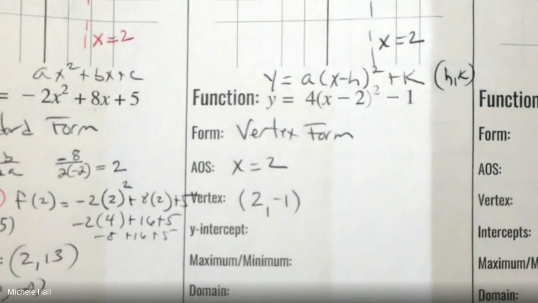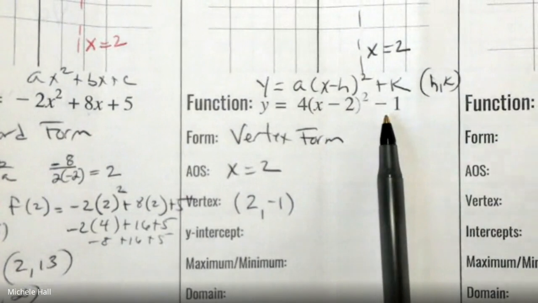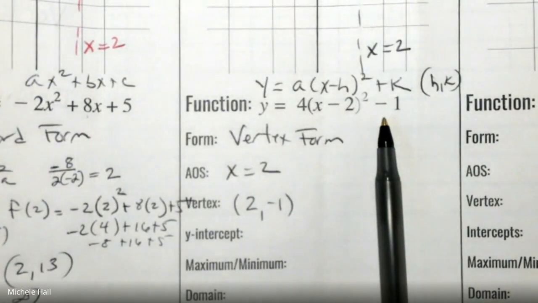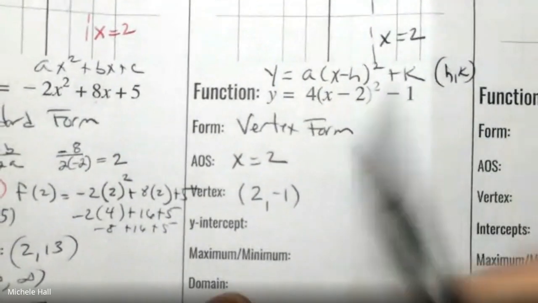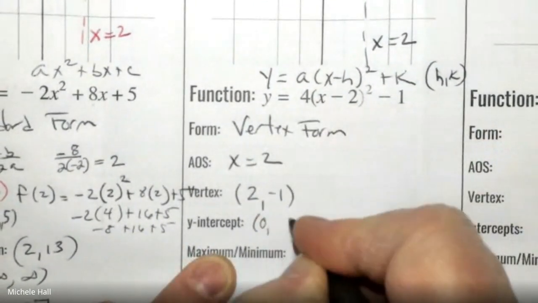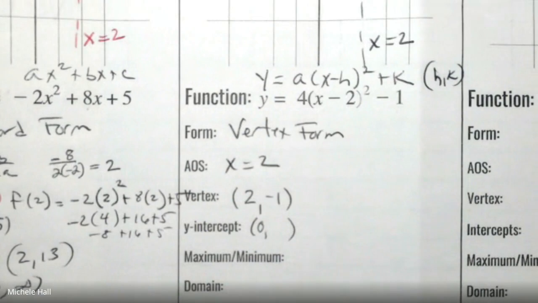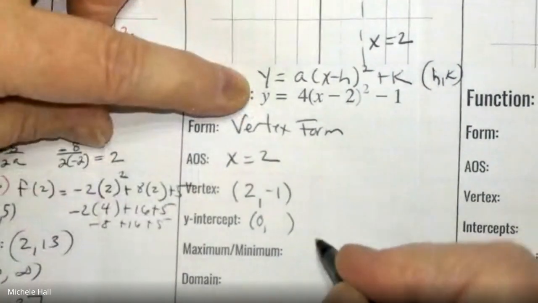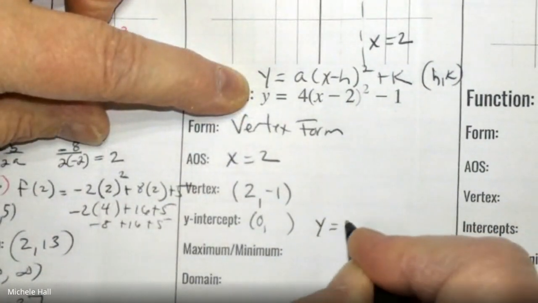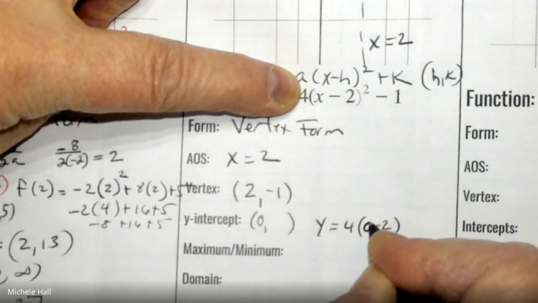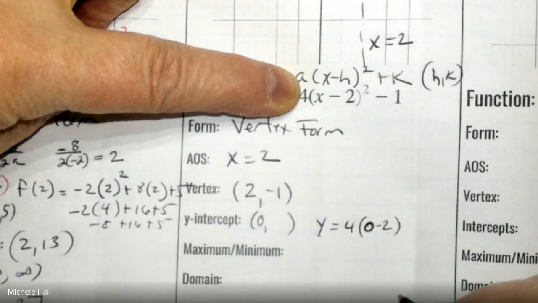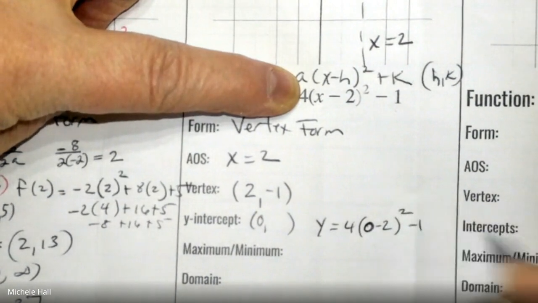Is the y-intercept easy to see in this one? Is it just -1? No. You have got to substitute in 0 and then simplify all of this. So I know the y-intercept includes x equals 0. I need to do some number crunching. Looking at my equation, I have y equals 4 times (0 minus 2) squared minus 1.